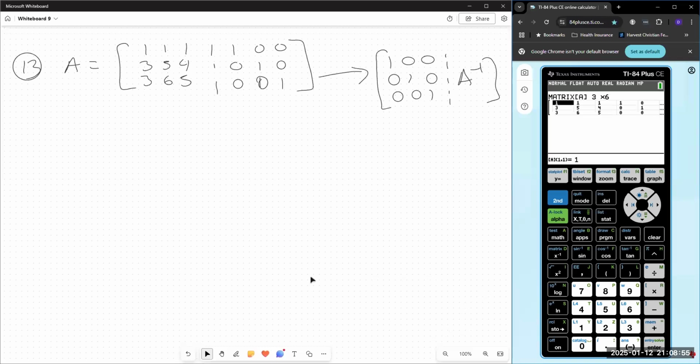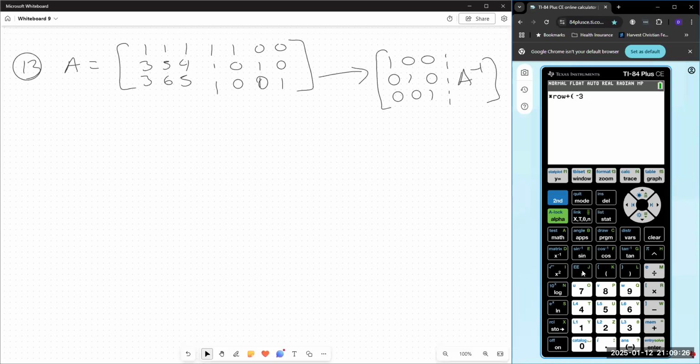So I'm going to come out here, and I'm going to do second matrix math. Then I'm going to hit up, and I want to do this multiply a row by a constant and add it to another row. So the constant I want to multiply by is -3.